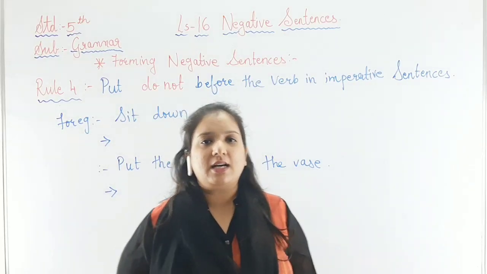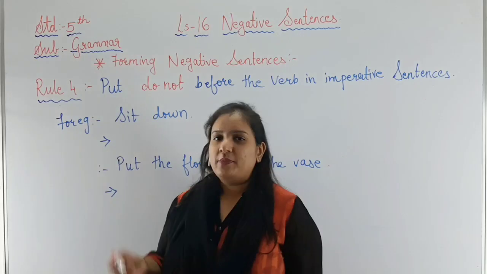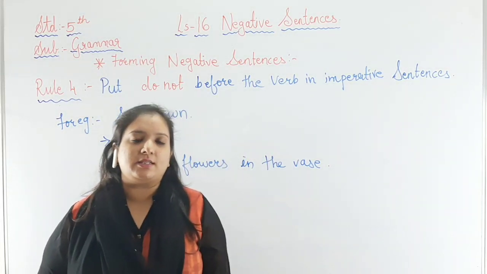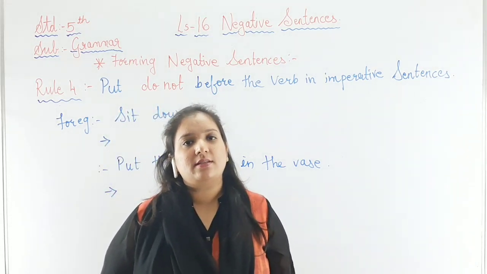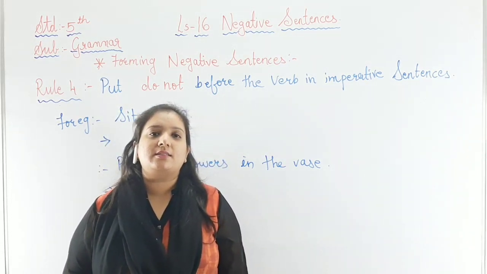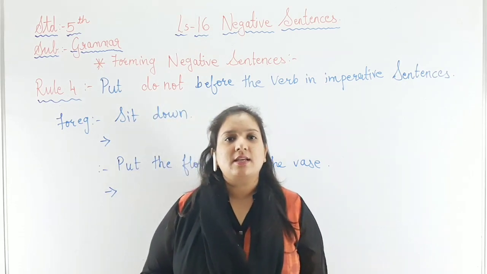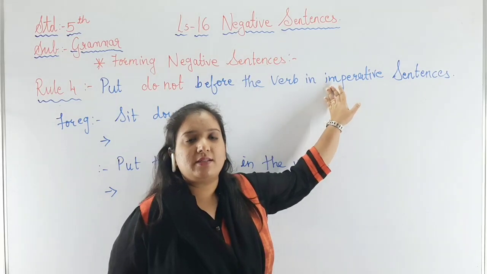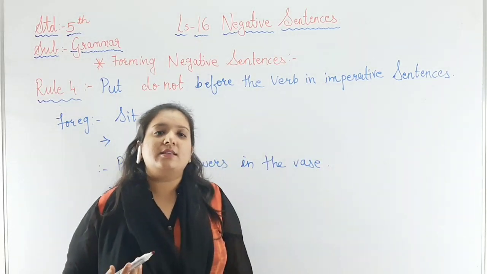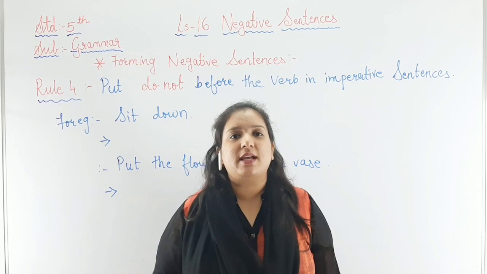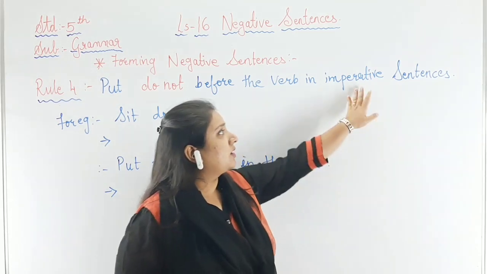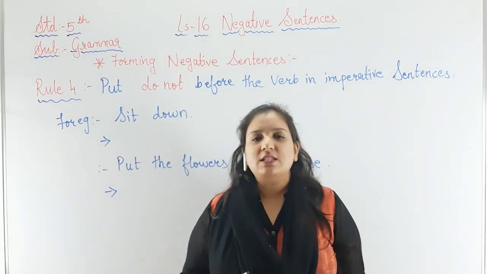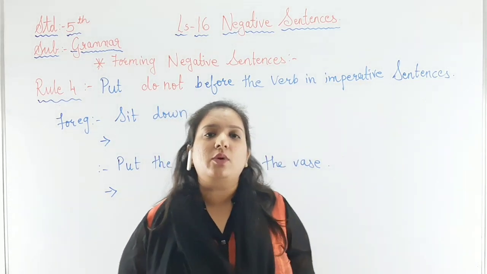Now we will study the last rule, which is rule number 4. In this sentence we have to find out what type of sentence it is. Every time it is not necessary that it should be a simple past or present tense sentence. Whenever you get an imperative sentence, which we have already learned about, that is a sentence which gives an order, request or advice, you must be thinking, ma'am, where should we put the word do not?